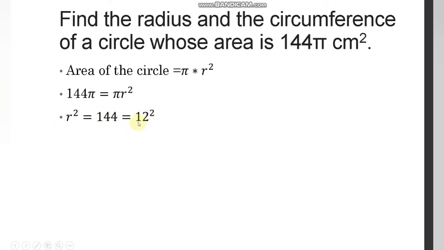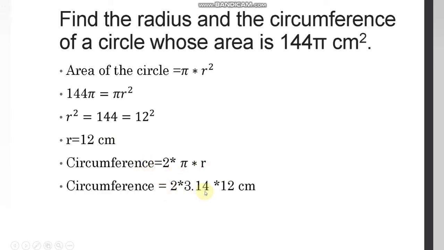So r will be equal to 12. So radius is 12 centimeter. Now we need to calculate the circumference. Circumference formula is 2 pi r. So 2 into 3.14 into 12, multiplying all these 3 I will get 75.36 centimeter. So this is the circumference of the circle.